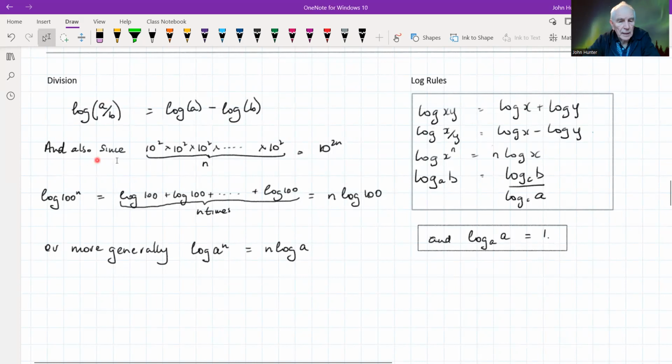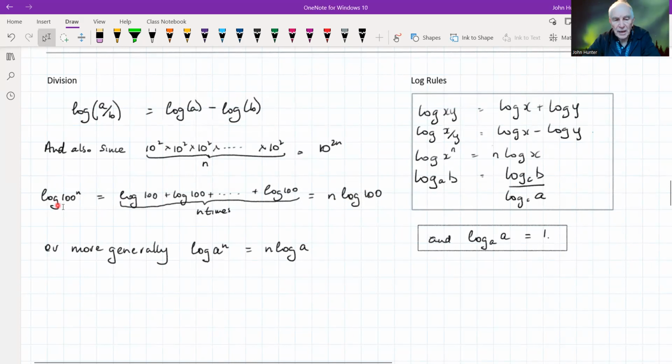So that's an important rule. And also, if we multiply n lots of 10 squared together, we're going to get 10 to the power of 2n. Similarly with the log of 100 to the power of n, we're getting n lots of the log of 100, so that's equal to n log 100.